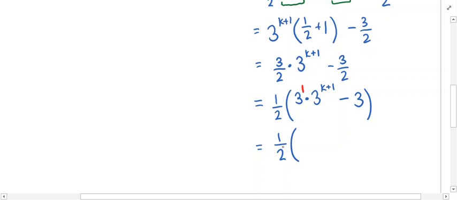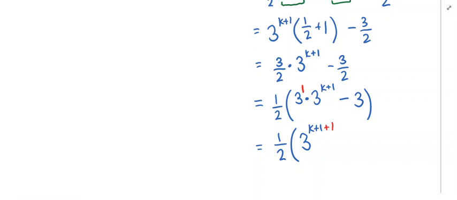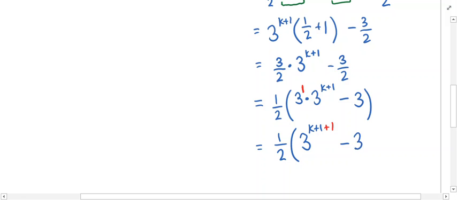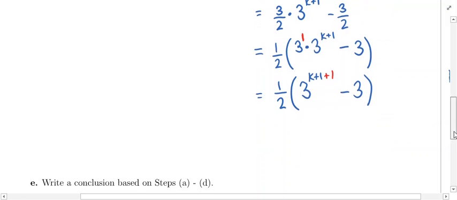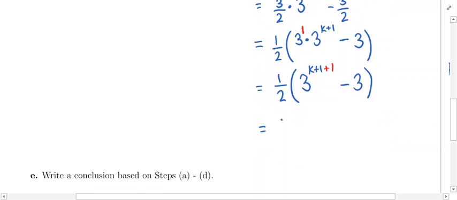The 1/2 will stay out front, and then I'm going to combine the powers of 3 into one power of 3. Add the exponents: this is going to be k plus 1 plus 1. This minus 3 is just hanging out, so it comes along for the ride. Then you can add your exponents and you'll get 1/2 times 3 to the k plus 2 minus 3.